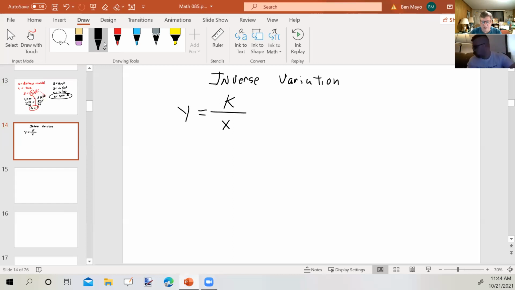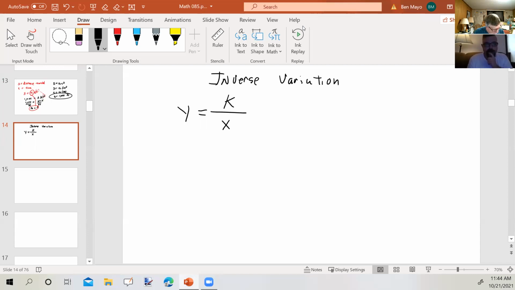So we have sort of an inverse or a reciprocal situation where the variable on the right side is on the bottom. K is still there, K is on top. What happens in this case, as X increases, Y decreases. As X decreases, Y increases. So it's not direct, it's inverse. Okay. Let's take a look at an example.